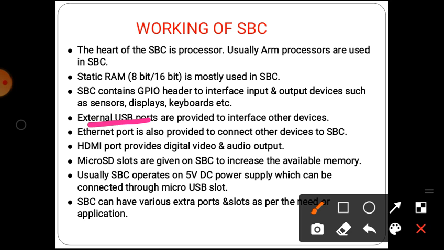The Ethernet port is also provided to connect other devices to the SBC. The HDMI port provides digital video and audio output.